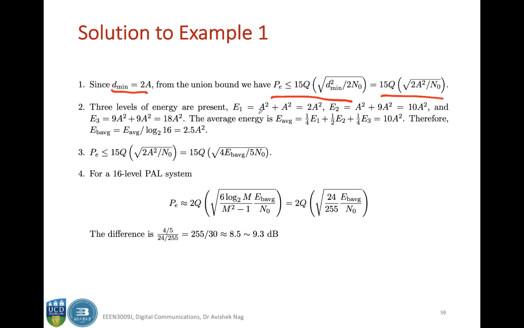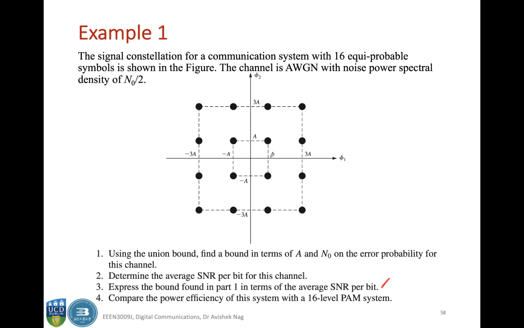The total energy is calculated first. There are 3 levels of energies present. The signals of this type, the signals of this type, the signals of this type, and the signals of this type.